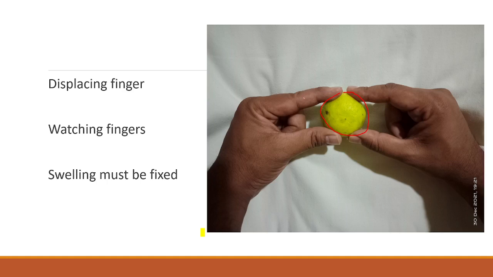The index fingers are used to displace: we press with the index finger and feel with the thumb. If we press with the left index, the right thumb will watch or feel. That's why these index fingers are known as displacing fingers, and those thumbs are known as watching fingers. So first of all, the swelling must be fixed, with displacing and watching fingers.